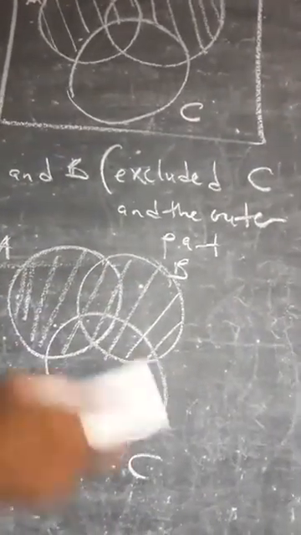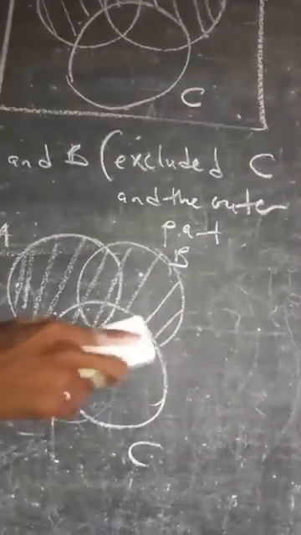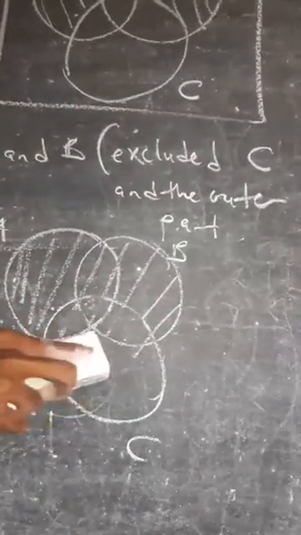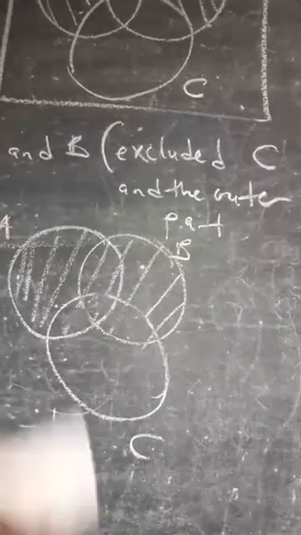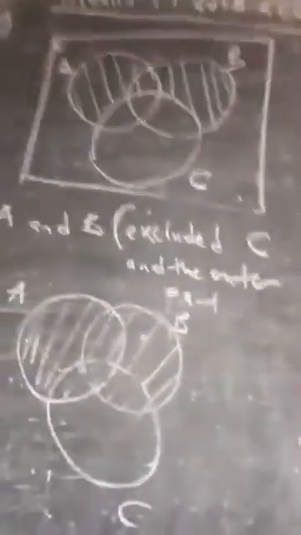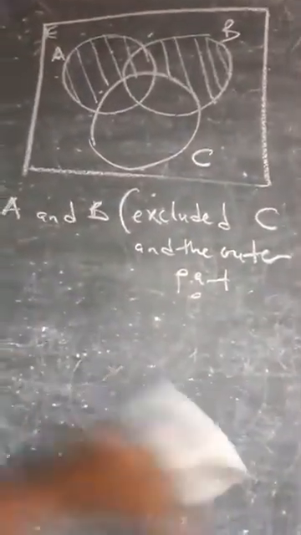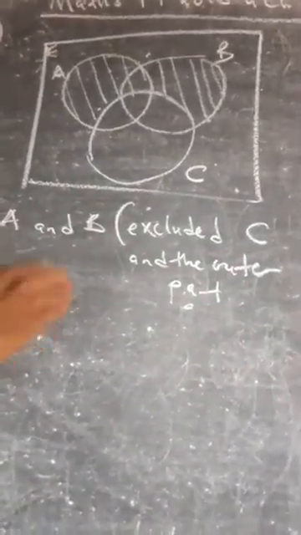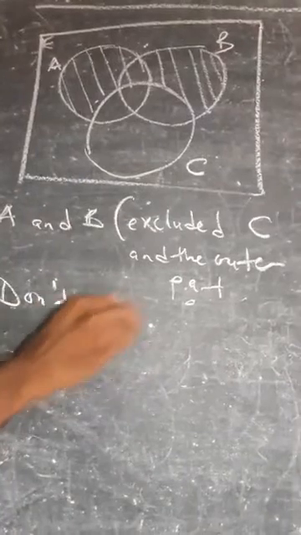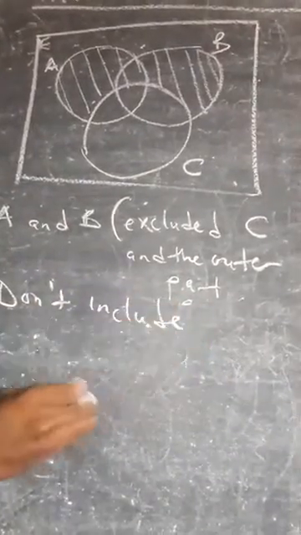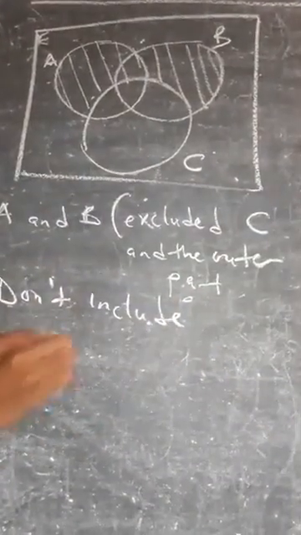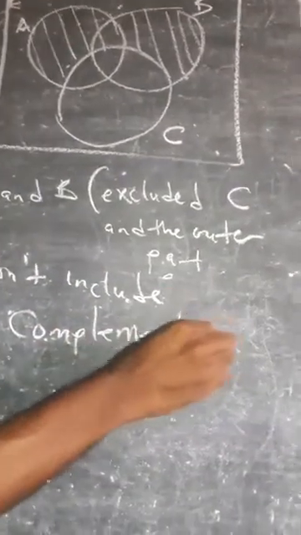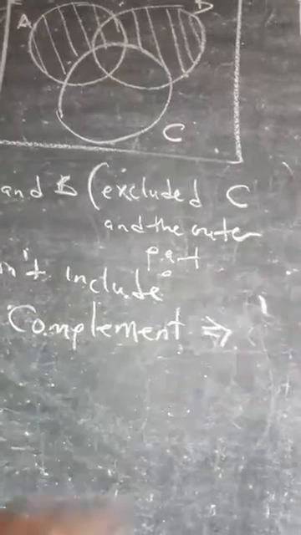But they have not shaded the part which has C there. It's excluded. That means whenever they don't include anything, what we're having is a complement, which is shown by that symbol there.